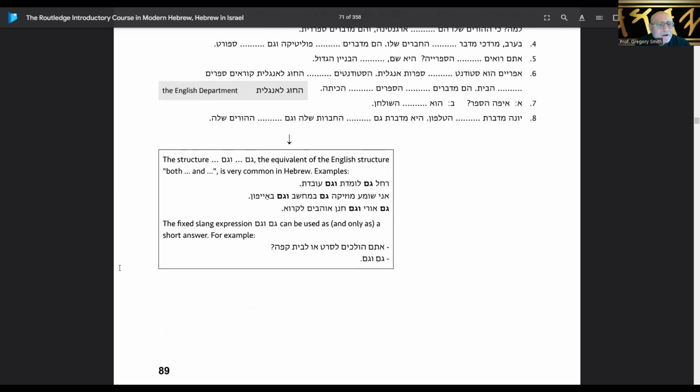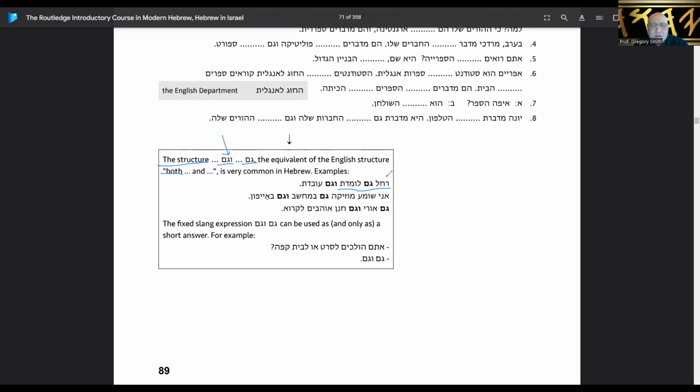Okay, so we have here the structure. The gam or gum, the equivalent of the English structure both and, is very common in Hebrew. I think this is kind of like and also. So Rachel gam lomedet.